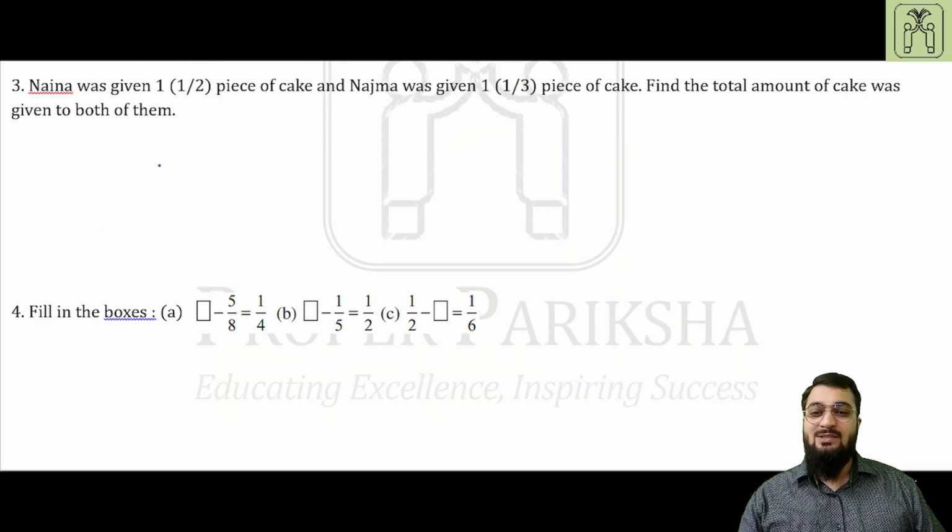Here also you can see that cake has been divided into two types. One is 3 by 3 and the next is 2 by 2. Nana and Nazma are two people, so I'll write this as N and Nazma as J. I'm taking this N as the prefix.